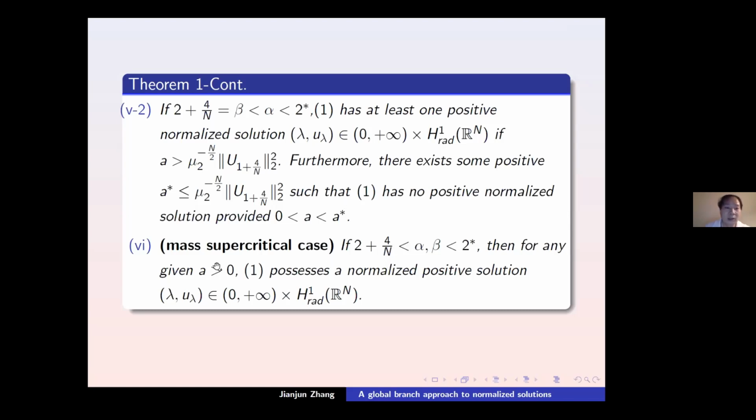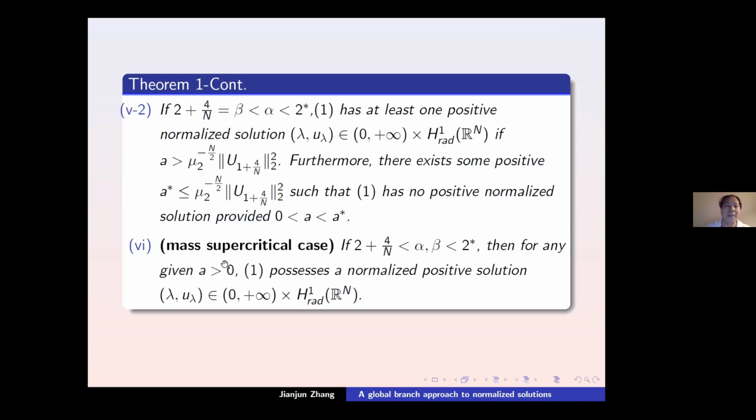Now we consider the mass supercritical case. If the problem is mass supercritical near the origin and infinity, we show that the problem has a normalized solution for any A. In this case, it is very similar to the mass subcritical case.